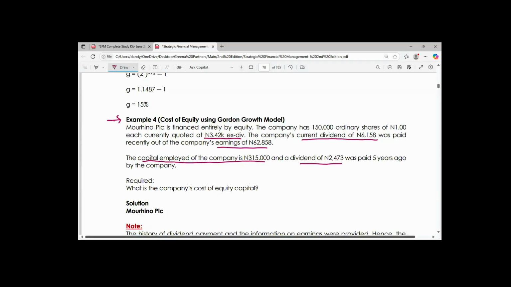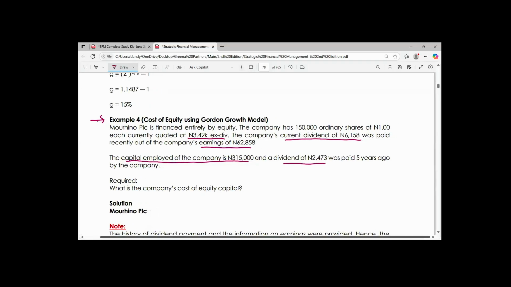That is the question the examiner is asking you: to calculate the company's cost of equity capital. Now, the reason why I want us to solve this particular question is because I want to show you how to calculate the growth rate using the Gordon growth model. All right.